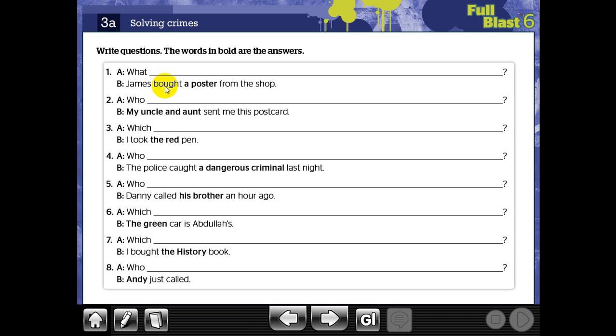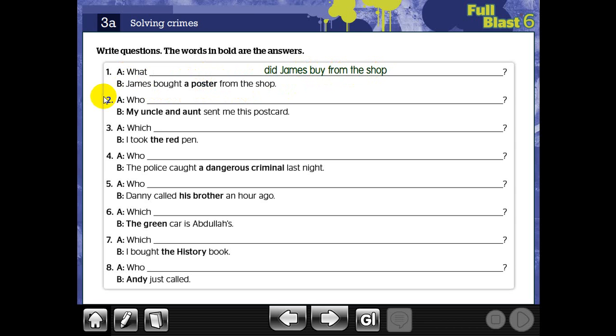What did the subject, James, then I turn bought into the base form, buy, from the shop. What did James buy from the shop? And the answer is poster.